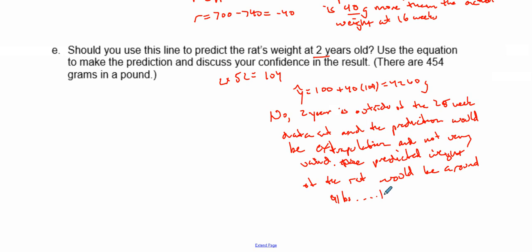That would be a big rat. So we wouldn't use that. That would be extrapolation. We won't use that outside our data set's explanatory variables. Since we're going from 0 to 25, 104 weeks is definitely outside of that, and so we would not want to use that.